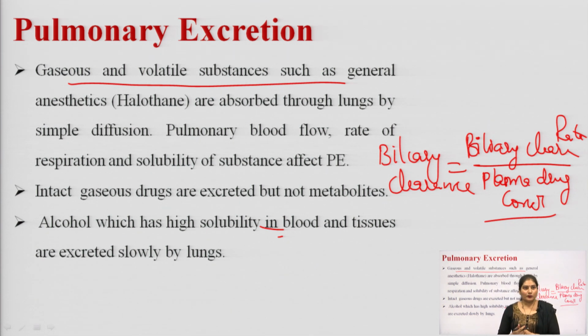The pulmonary blood flow, the rate of respiration and the solubility of the substances are some factors that can affect pulmonary excretion. In pulmonary excretion, the intact gaseous drugs can get excreted, but their metabolites cannot.